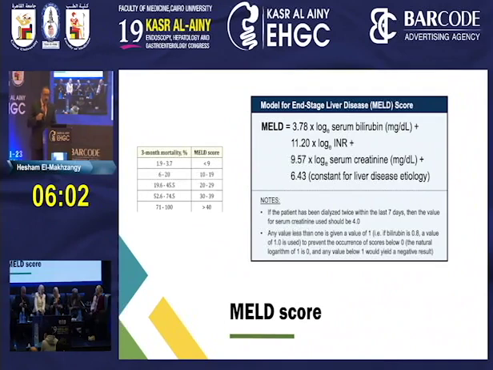MELD score was used for many years to stratify or to prioritize patients on the transplant list, to say which patient is in need of a liver transplant more and should be given the organ before the others. Of course, it's not very applicable in Egypt because we're not using orthotopic liver transplant. We're using living donor liver transplant.